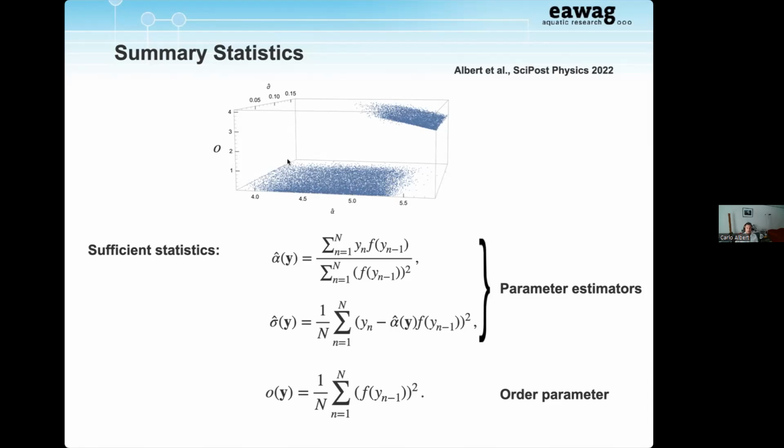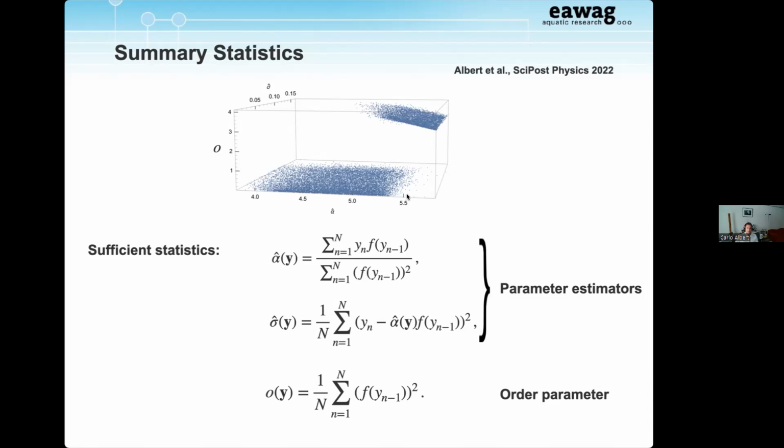If you're away from this area of coexistence, then the order parameter is pretty much just a function of the other two and doesn't carry any additional information, and you might as well omit it when doing your inference.